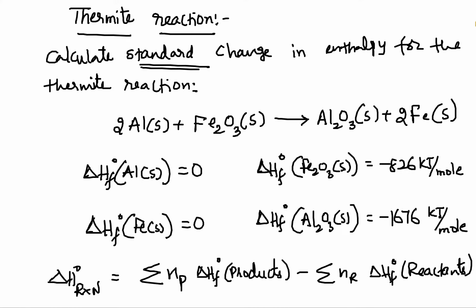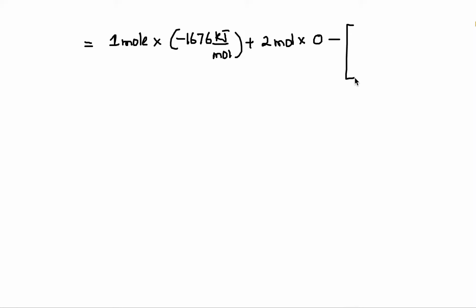That is negative 1676, and there is 1 mole, so we must write 1 mole times negative 1676 kilojoules per mole, plus 2 mole of iron, and its enthalpy of formation value is simply 0, minus 1 mole of Fe2O3, and its enthalpy of formation value is negative 826 kilojoules per mole, plus 2 mole times, and what is the enthalpy of formation of aluminum solid?